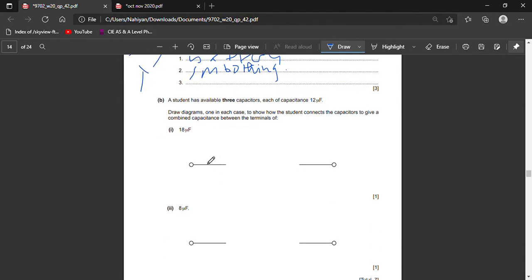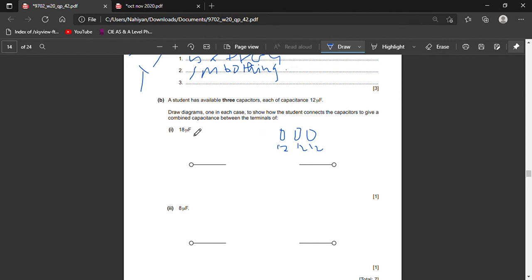So moving on, a student has available 3 capacitors, each of capacitance 12 microfarad. So he has 3 identical capacitors, each with 12 microfarad capacitance.